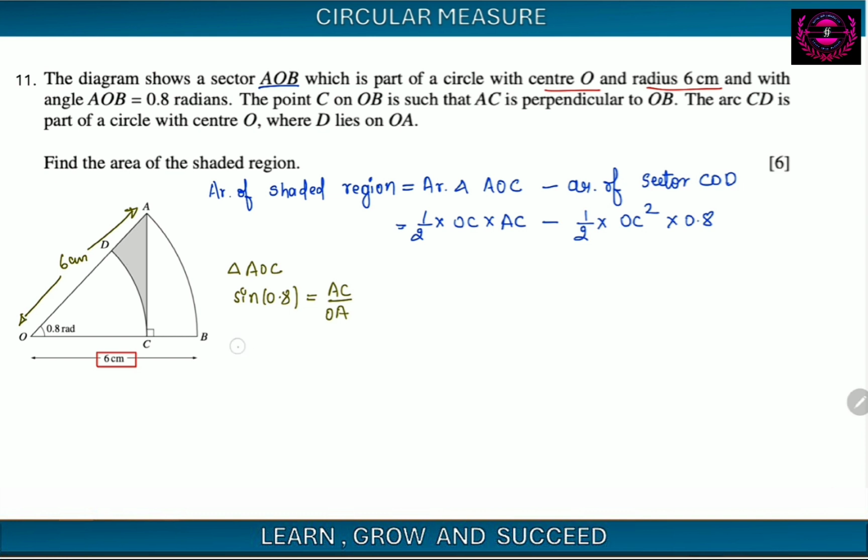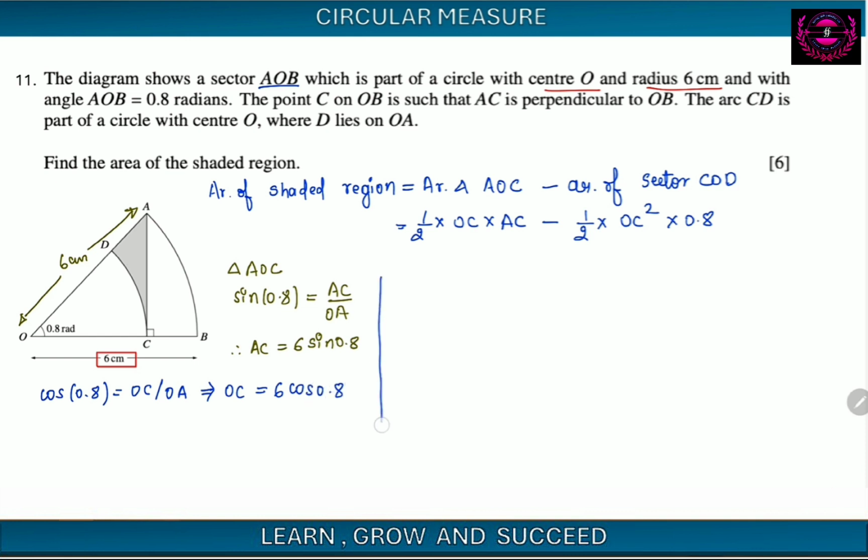So therefore AC becomes 6 into sine 0.8. And to find OC, we will again use cos of 0.8 equals to OC divided by OA. Therefore OC equals to 6 into cos 0.8.